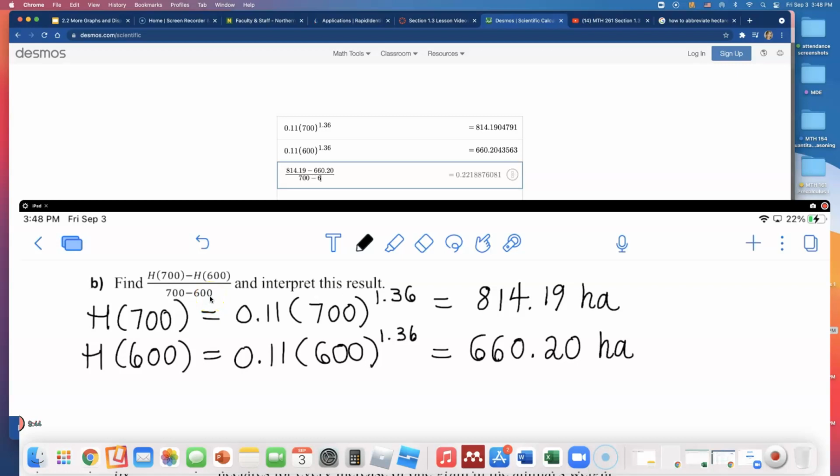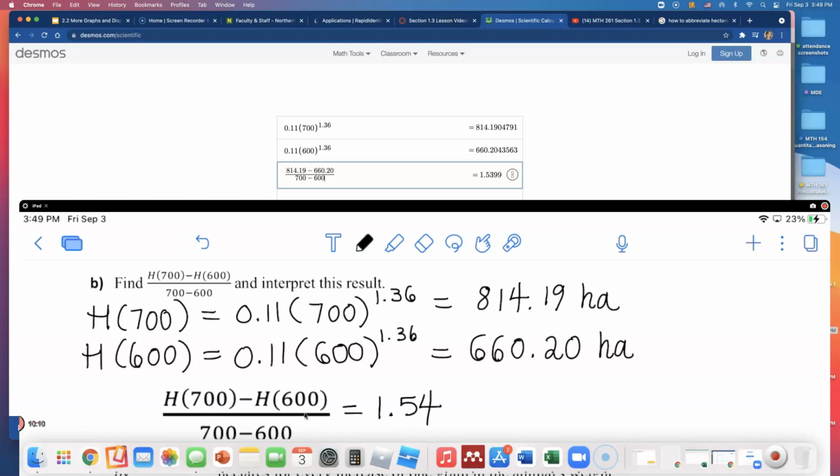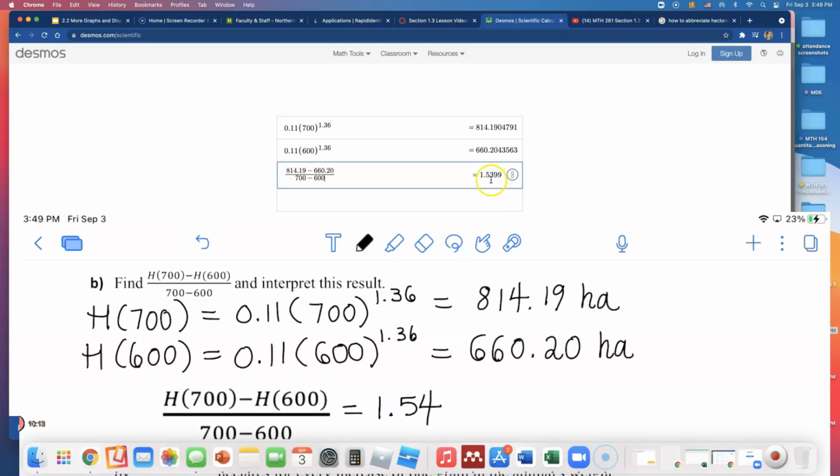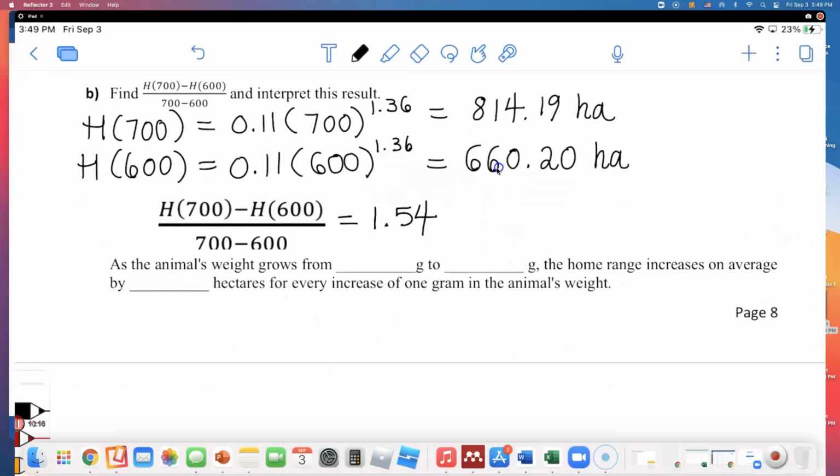That number comes out to be, and I'm too lazy to write this down, so let me show you what I'm about to do. I'll copy this and paste it here. This is equal to this decimal, 1.54. I just round it, so 1.54 hectares per gram.